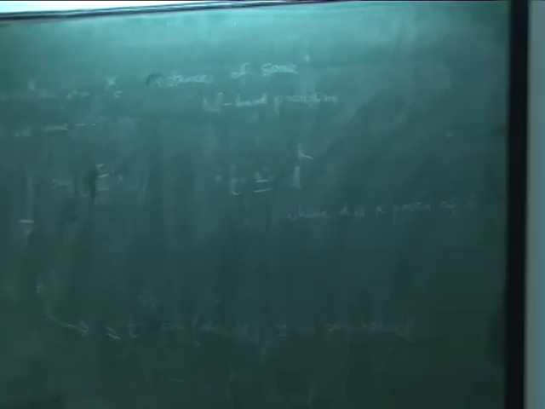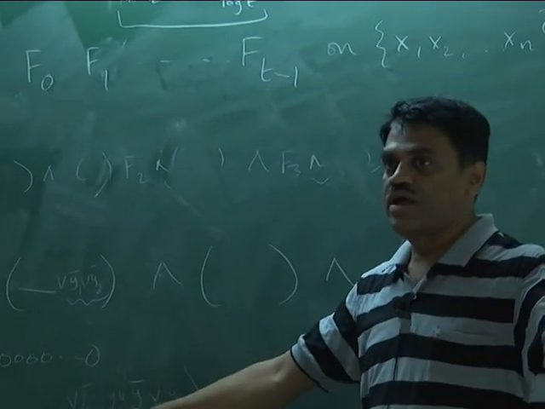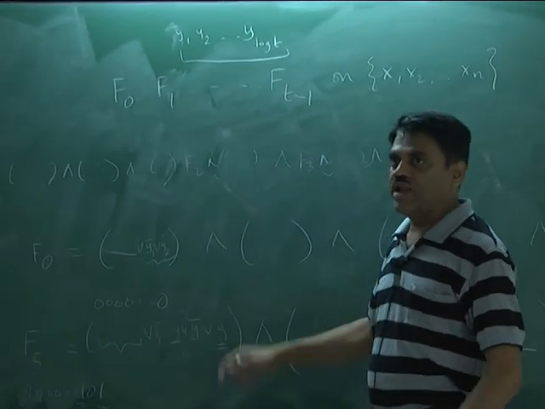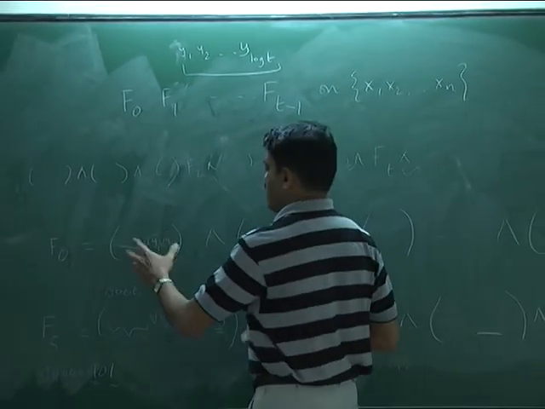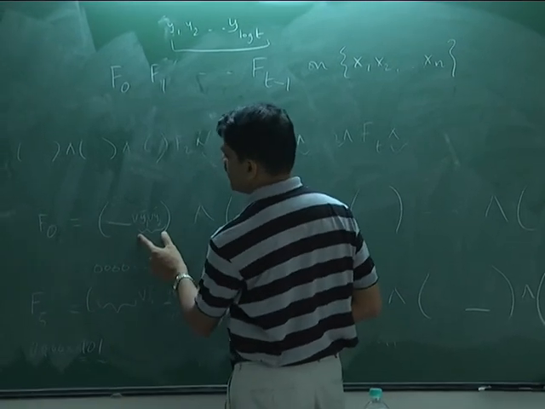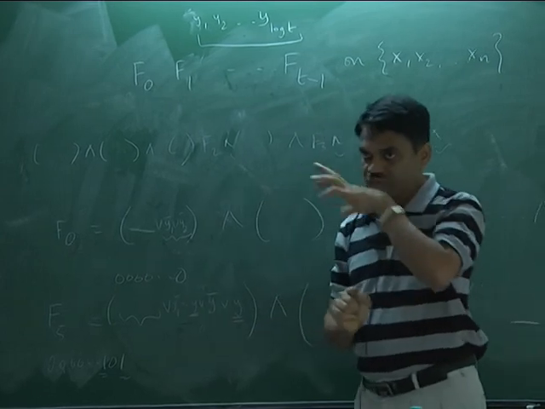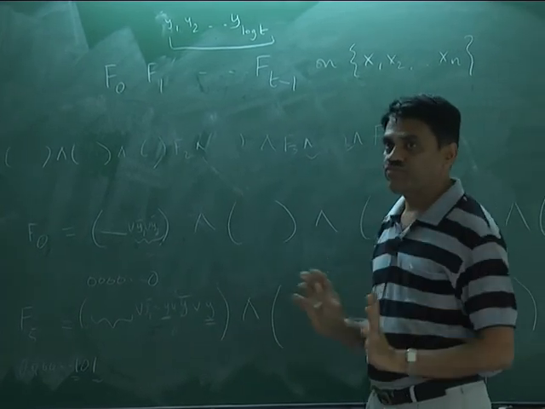Finally, my entire composed formula is an AND of all this. In each Fi, in every clause of Fi, I am adding its ID with these new extra variables. That is my composed formula.